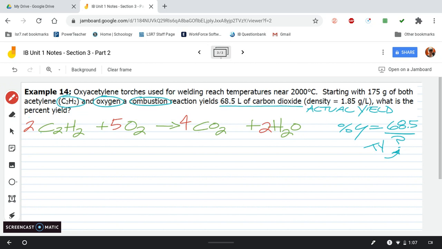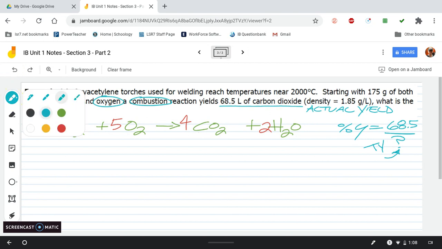And so now we have to set up the problem because we've got to figure this out, right? So we're trying to figure out the theoretical yield, trying to figure out what goes down there. Okay, so let's go ahead and write down the pieces real quick.